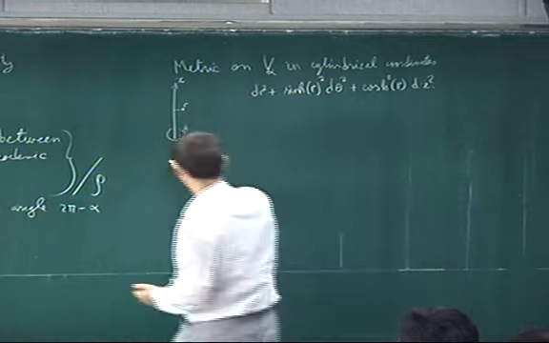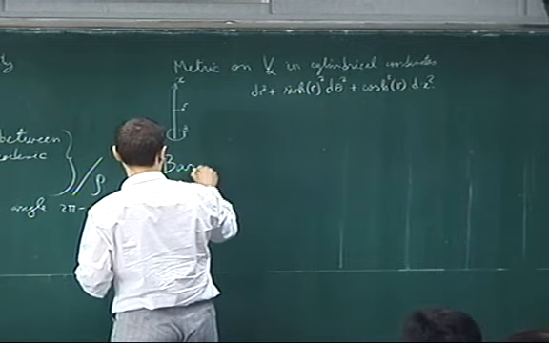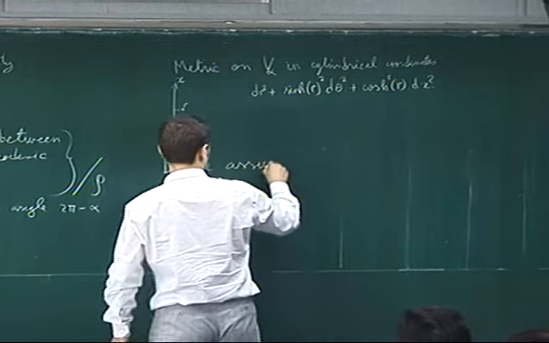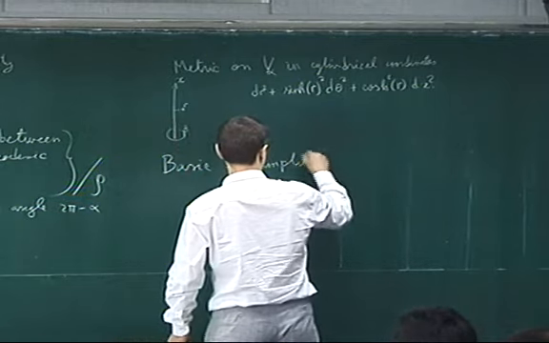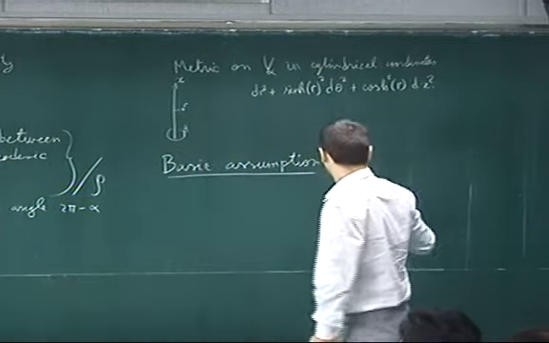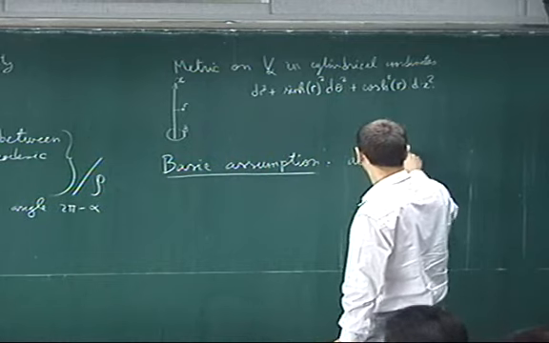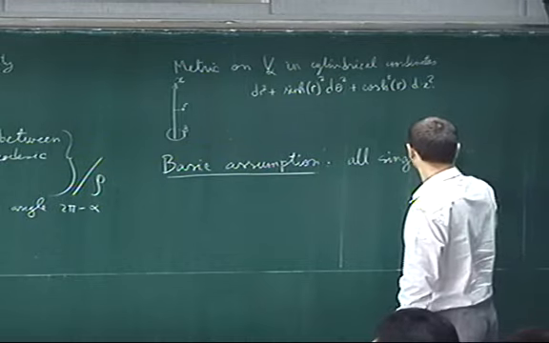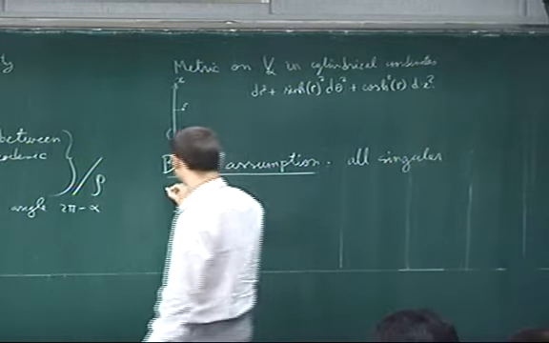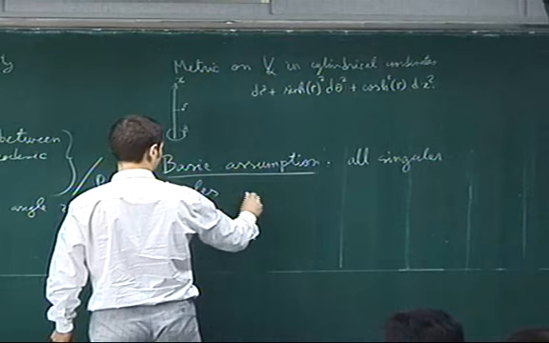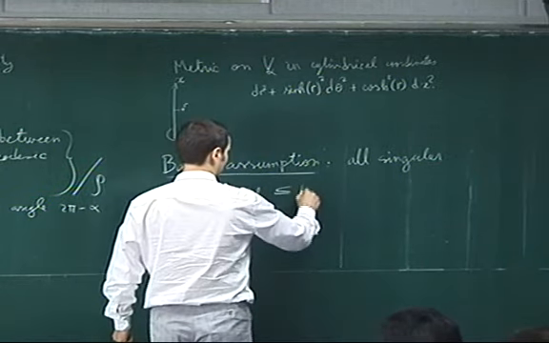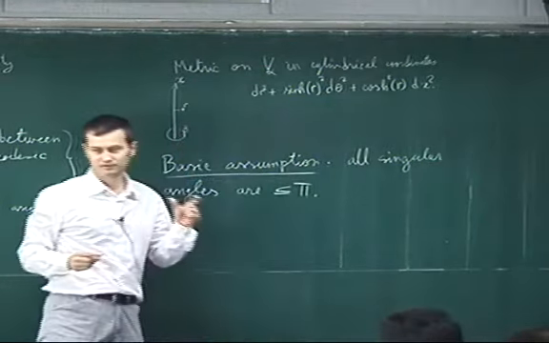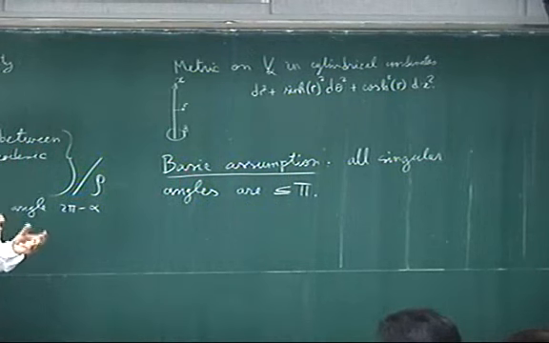And our basic assumption is that all singular angles are at most pi. So the singularity is really up to half what a normal angle should look. Why do we do that?